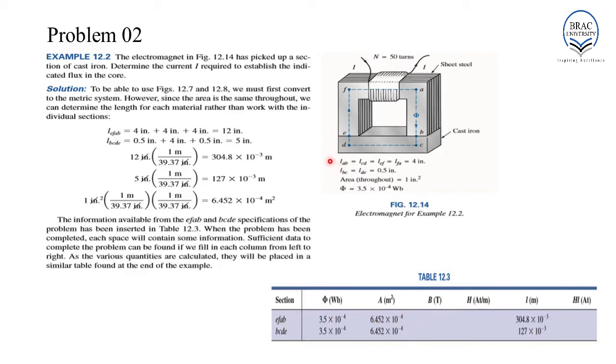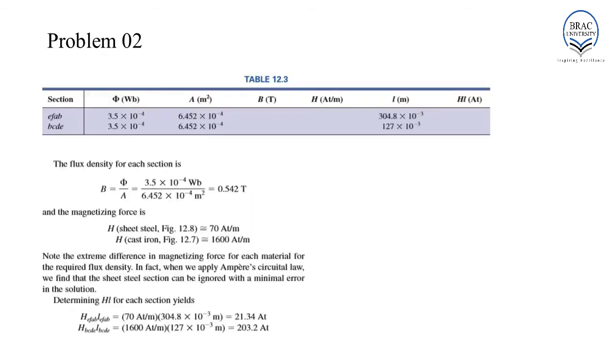After that, the first step would be to convert all these lengths into SI units. By looking at the table, we can tell that phi, A and L are the information which is given in the question, and we need to determine B, H and HL.